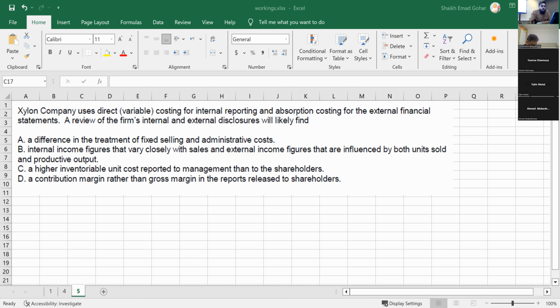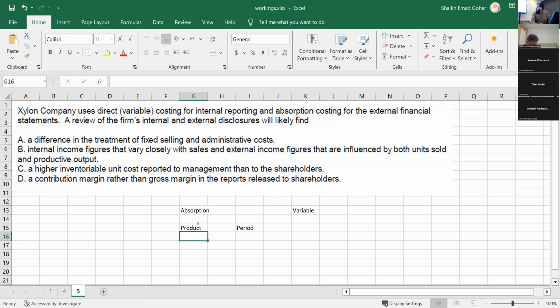Tahir, read this very carefully. Read this part of the question: selling and admin cost. It's no difference in the treatment of fixed selling and administration. So if you remember in absorption costing, I take product cost and I take period cost.